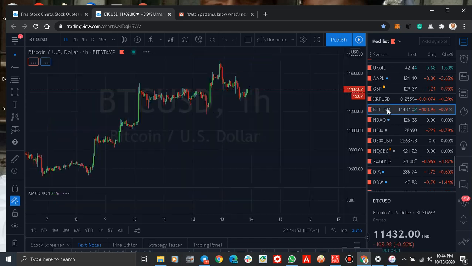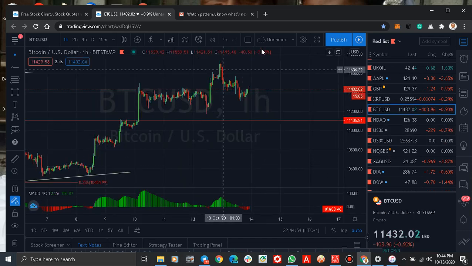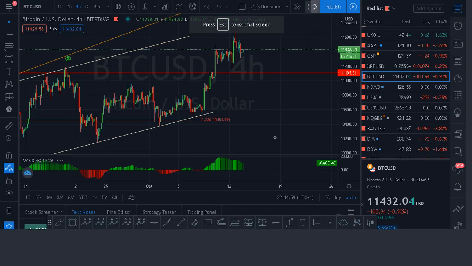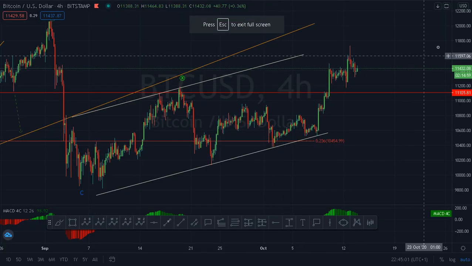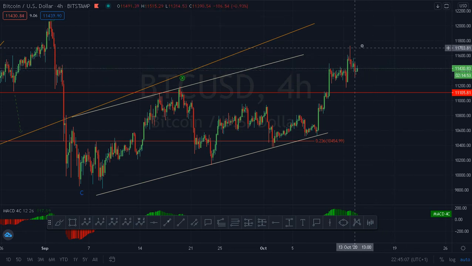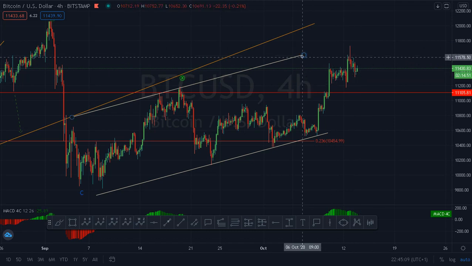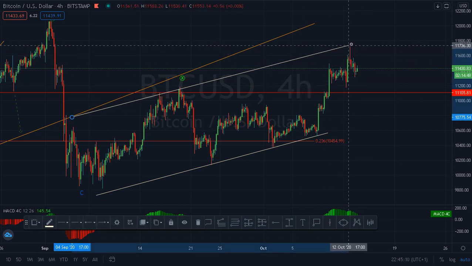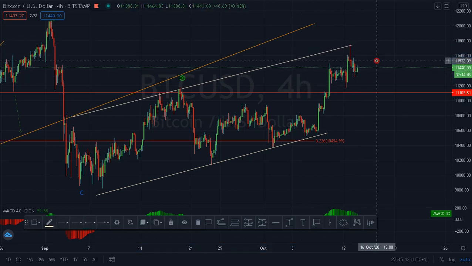Bitcoin, we analyzed this yesterday. Okay, Bitcoin is still trying to go up. It's yet to decide what to do, but I think it might not go further than this.